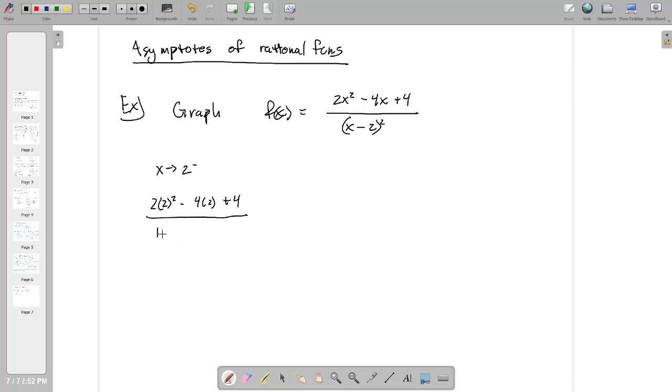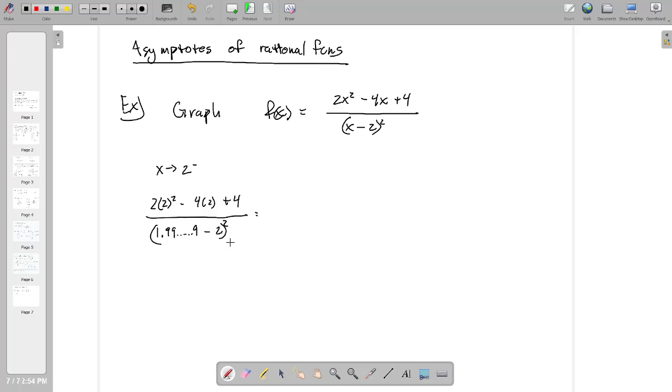So I like to denote this by saying this is 1.99 all the way up, some arbitrary number of 9s here. Right, we're extremely close. Minus 2 squared. So we'll plug in a number arbitrarily close to 2.